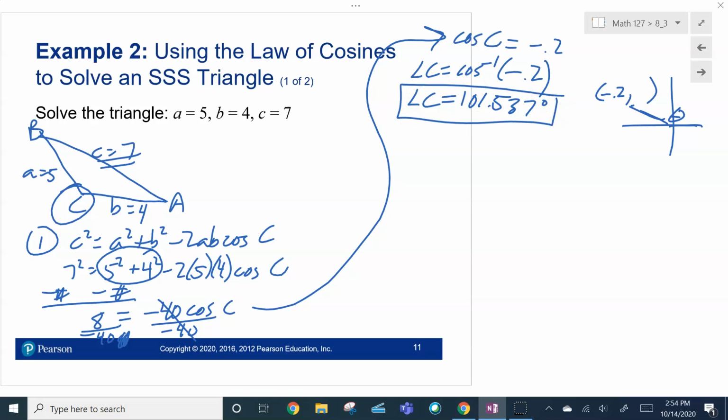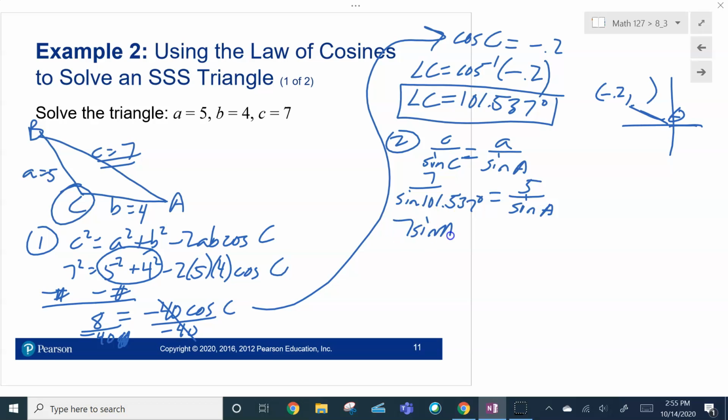101.537. And like I say, after that, as long as you know the largest angle in that triangle, you can use the law of sines. So I have lowercase c, I have uppercase C. I'm going to find, how about angle A? So we got 7 over sine 101.537 degrees equals 5 over sine A. So 7 sine of A equals 5 times the sine of 101.537 degrees, divided by 7.